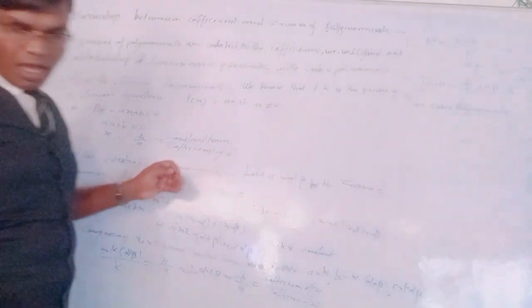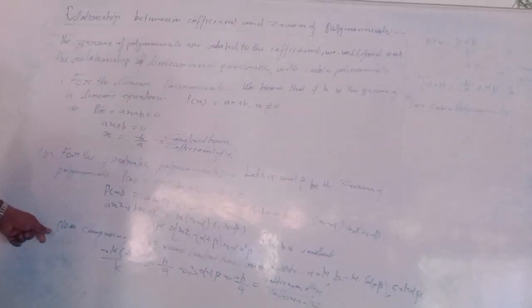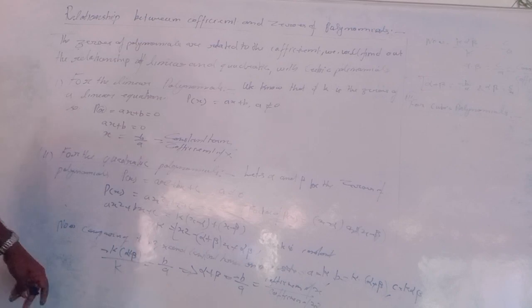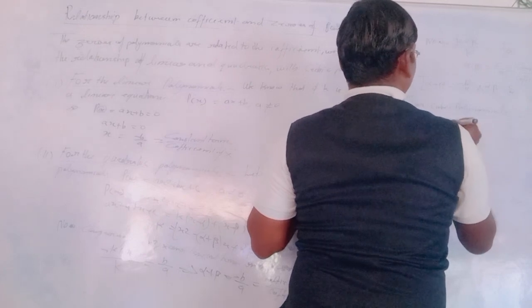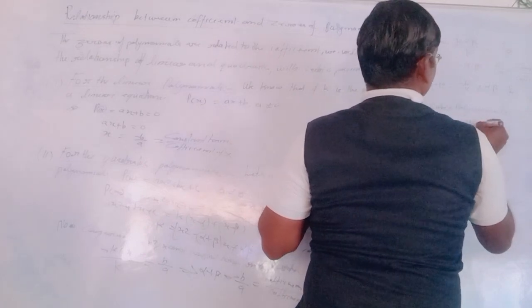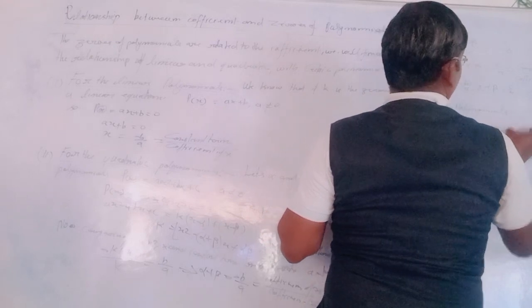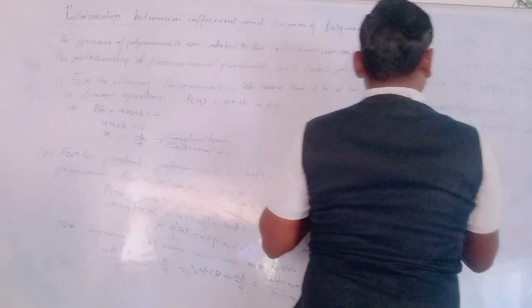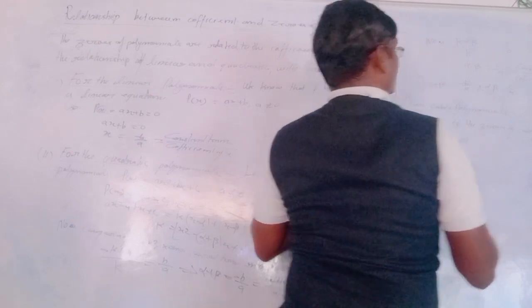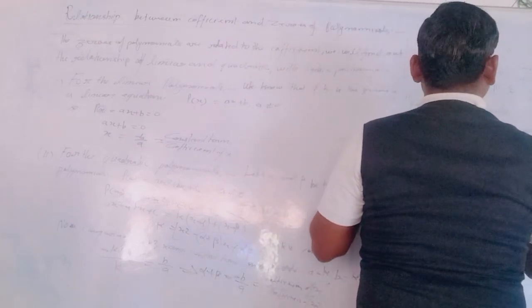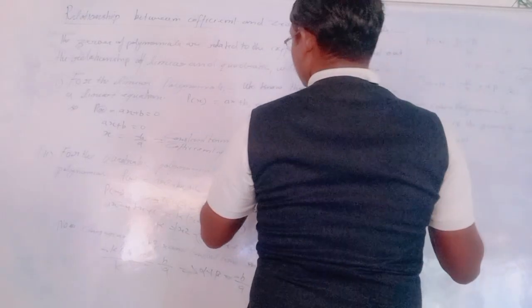For cubic polynomials, we know that if alpha, beta, gamma are the zeros of a cubic polynomial, okay, zeros of cubic polynomials, then alpha, beta, gamma are the zeros of the cubic polynomial.